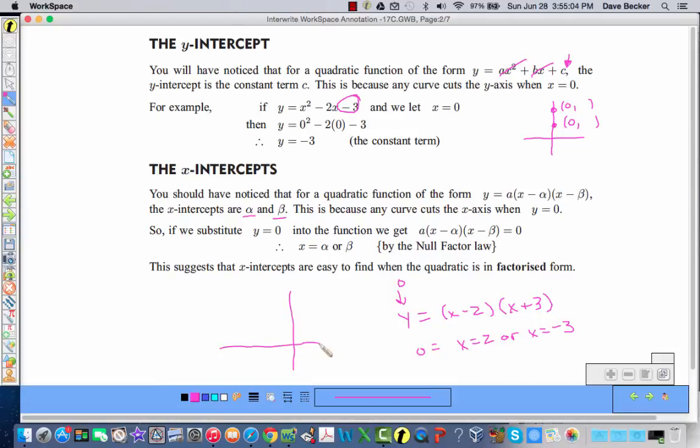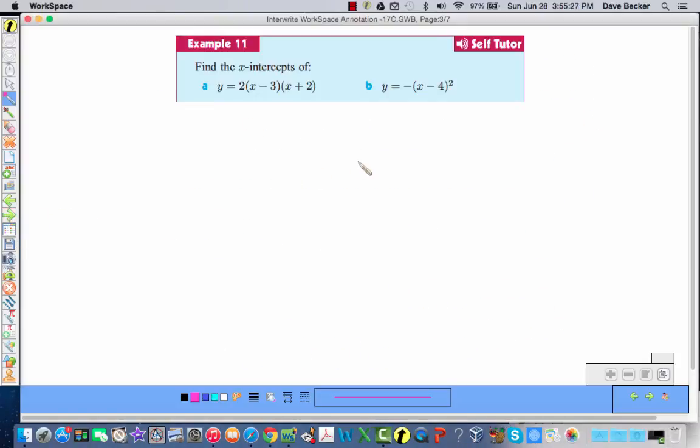Any point on the x-axis has the coordinate (something, 0). So what we're saying is you let y equal 0 and solve for x. Those are your intercepts. That's all there is to it, particularly when it's factorized.